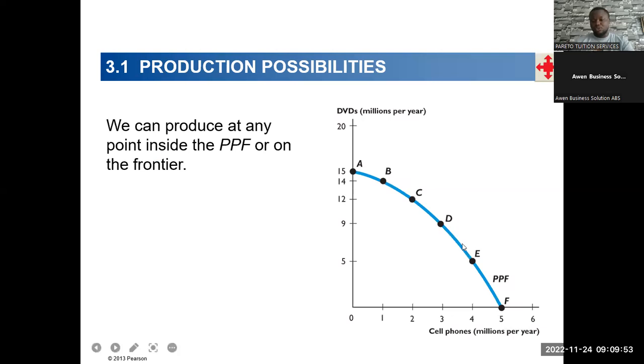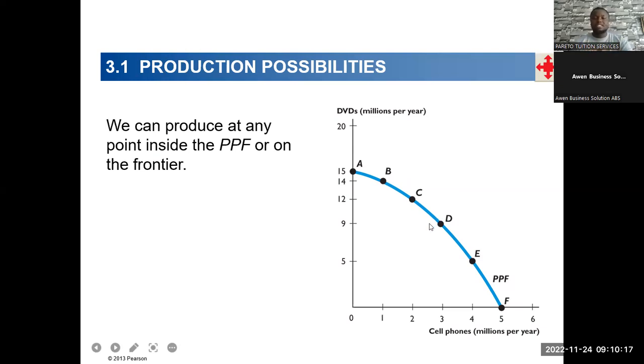We cannot produce beyond this PPF. Okay. So the current resources that we have with the level of technology, we can only produce up to a point on the PPF, which means that any point inside the PPF or on the PPF are attainable.